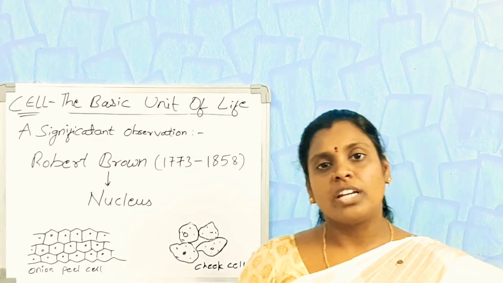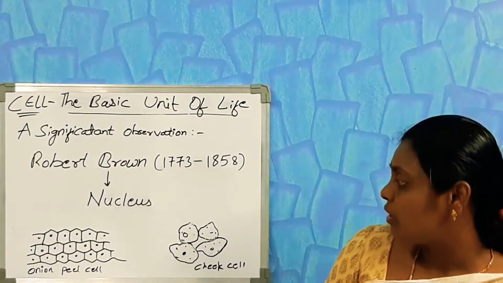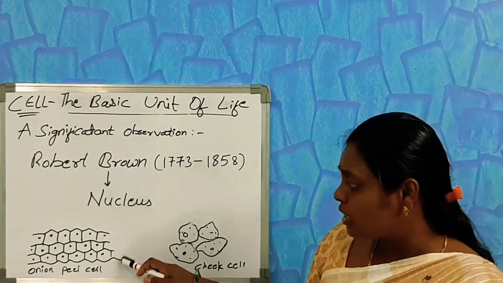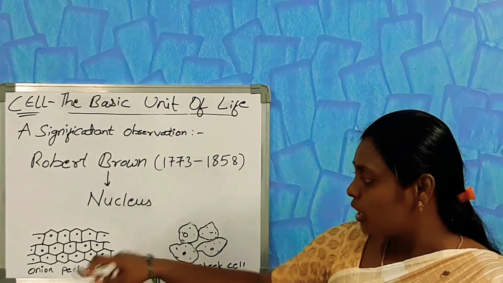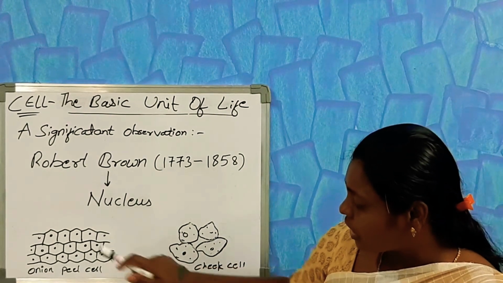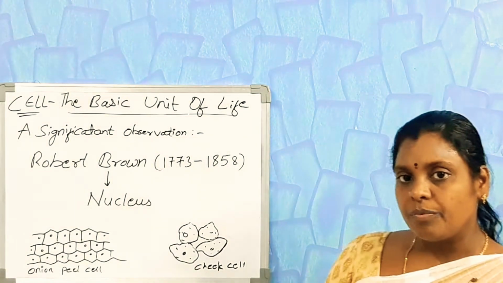Observation of nucleus in the onion peel cell. If you observe the onion peel cell, in the previous class I explained about the cell. The middle dot is that spot, we call it the nucleus.